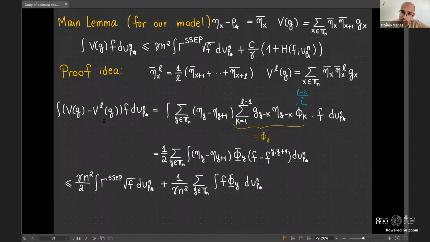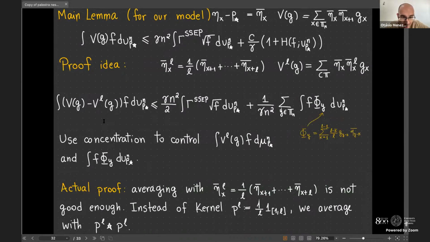And each of these steps needs to be worked at. And it turns out that if you do this uniform average as I just did, the concentration bound you get under IID is not good enough. So you need to average with respect to a smoother kernel, and there are things involved in here.